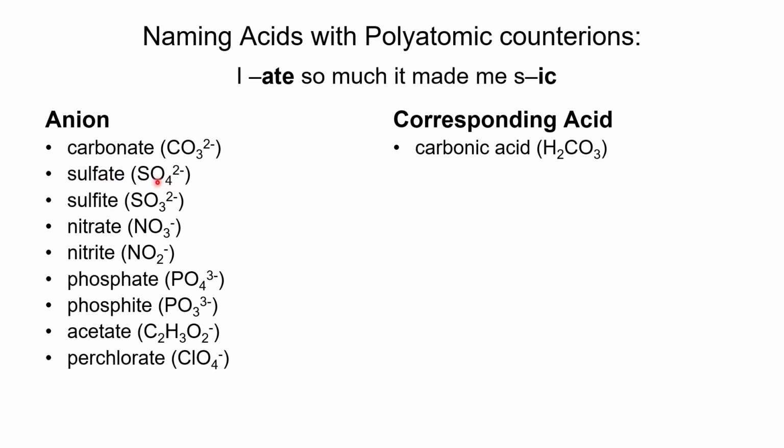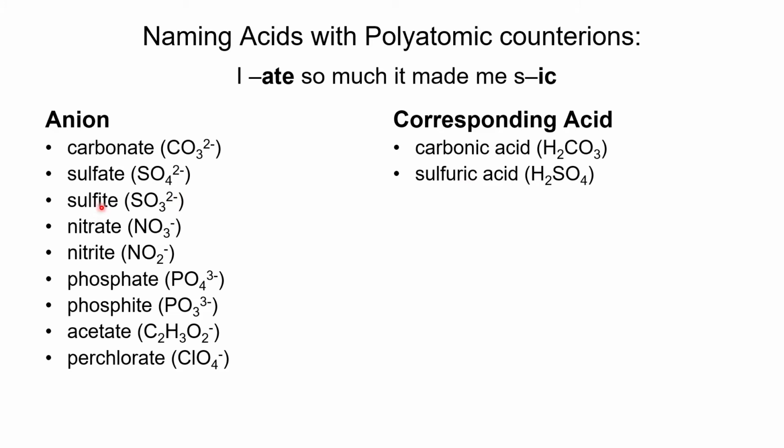If we add 2 hydrogens, we'll get H2SO4. And again, it might look like this should just be sulfic acid, but it's actually sulfuric acid. Carbonic acid is the acid that is in carbonated water, and what makes sodas a little bit acidic. And sulfuric acid, that is battery acid. That's kind of fun, right?